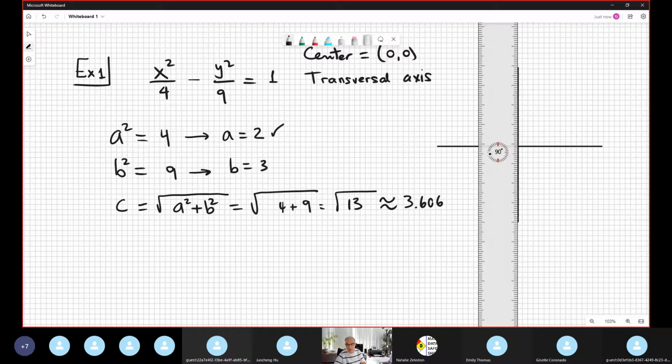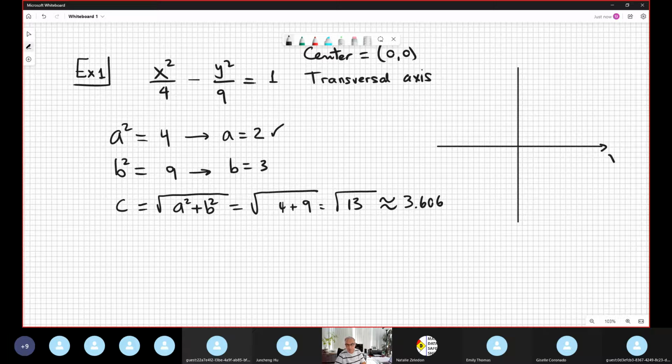Let me try to do it completely differently. The vertex is located at 2,0. This point is negative 2,0.